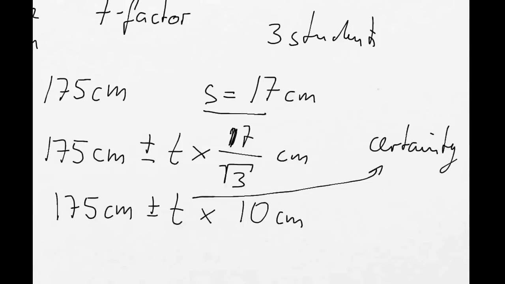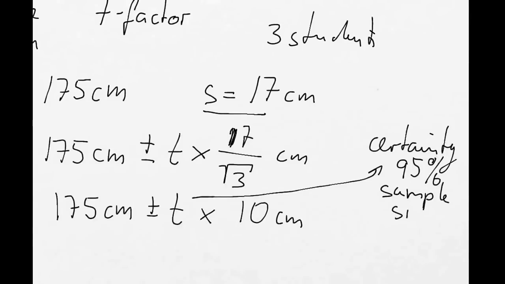And usually I want to be 95% sure. So that's usually set to 95%. And it also depends on the sample size. This is what this t depends on.